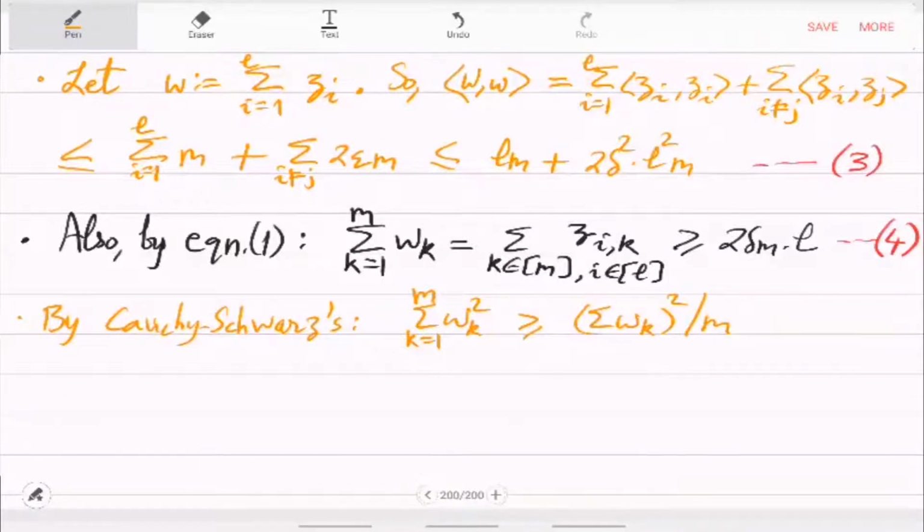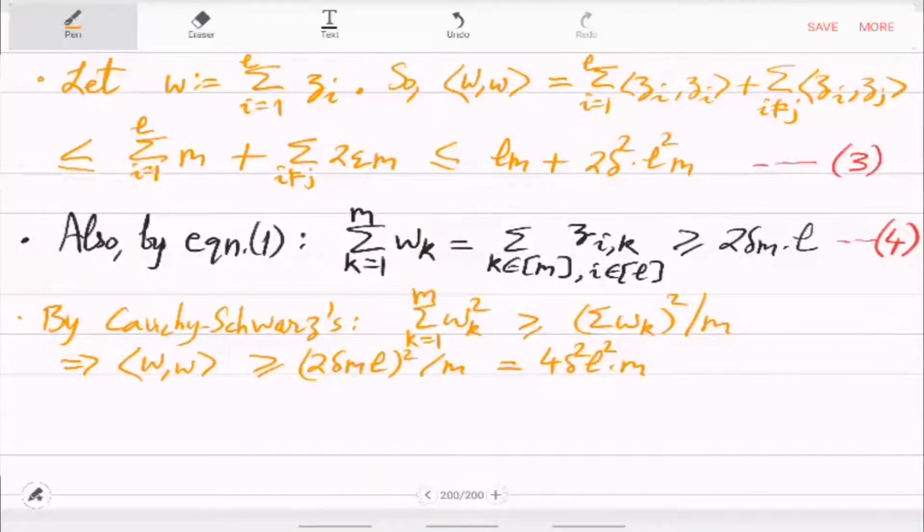So which means that inner product of W with itself is at least sigma Wk, which is by equation 4 2 delta m L, square by m, which is 4 delta square L square m.